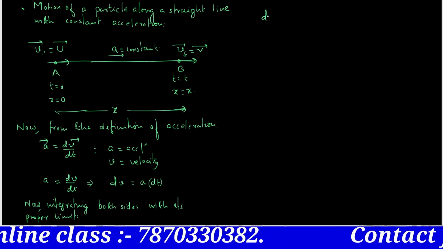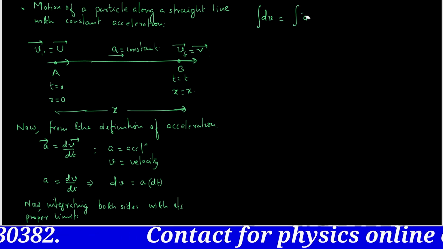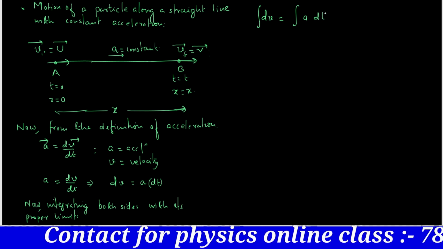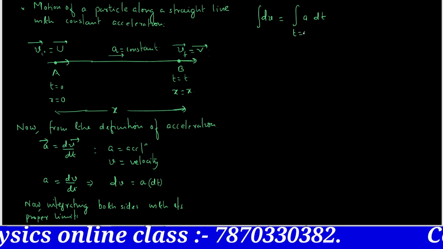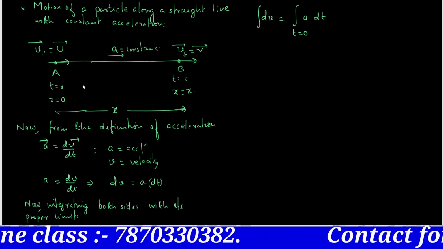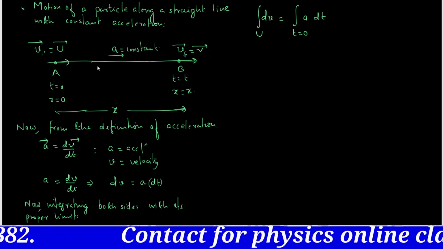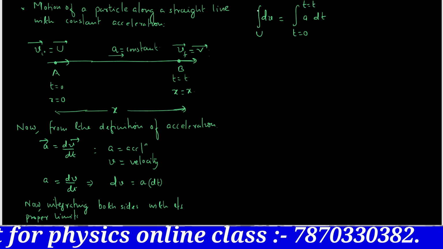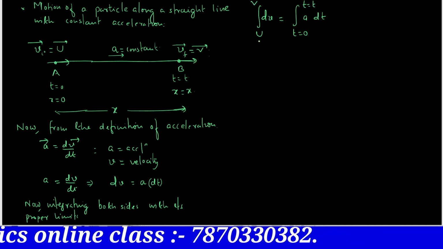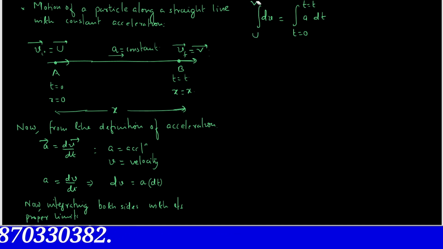Then we have integral dv equals integral a dt, and we have limits: if t equals 0, this has value u, and if t becomes t, this becomes v. You can also write this as u, and this is v. Any problem, Muhammad? No, understood.